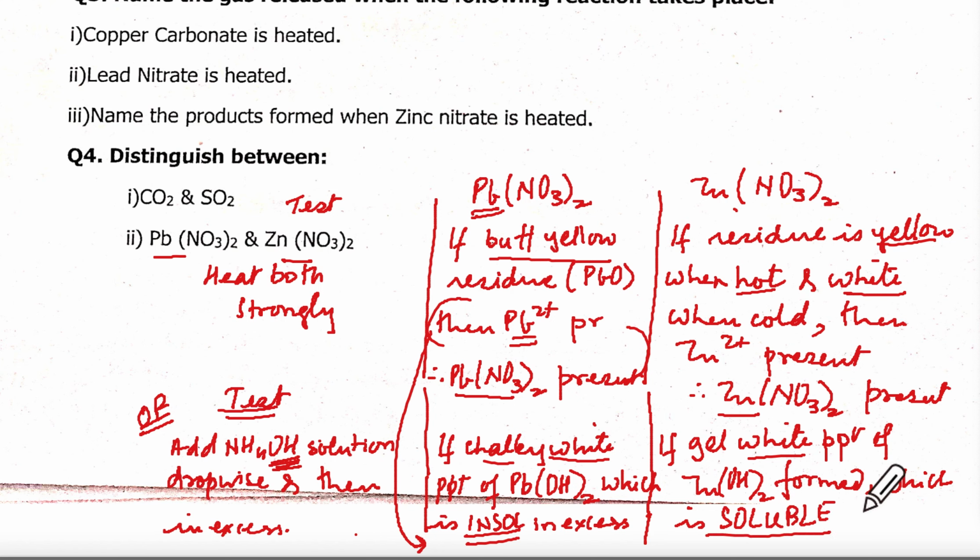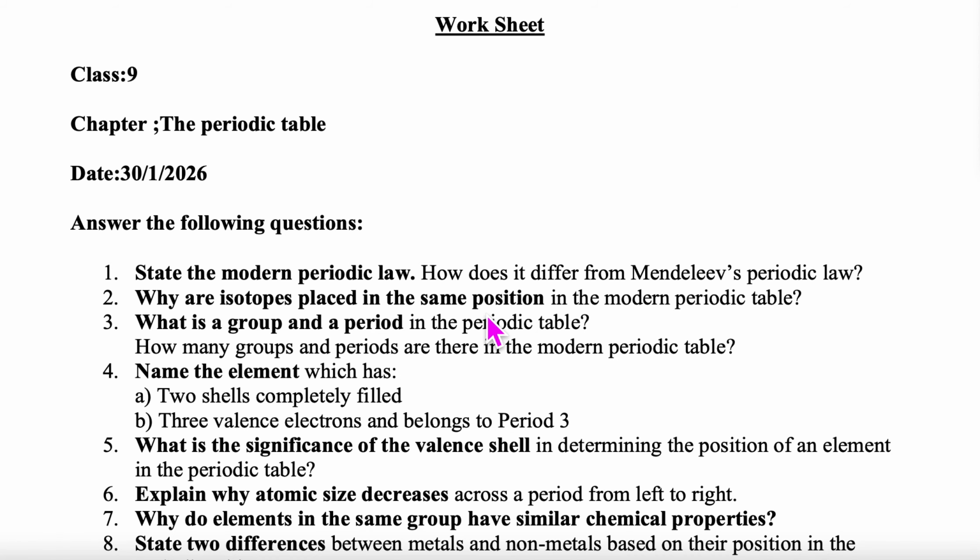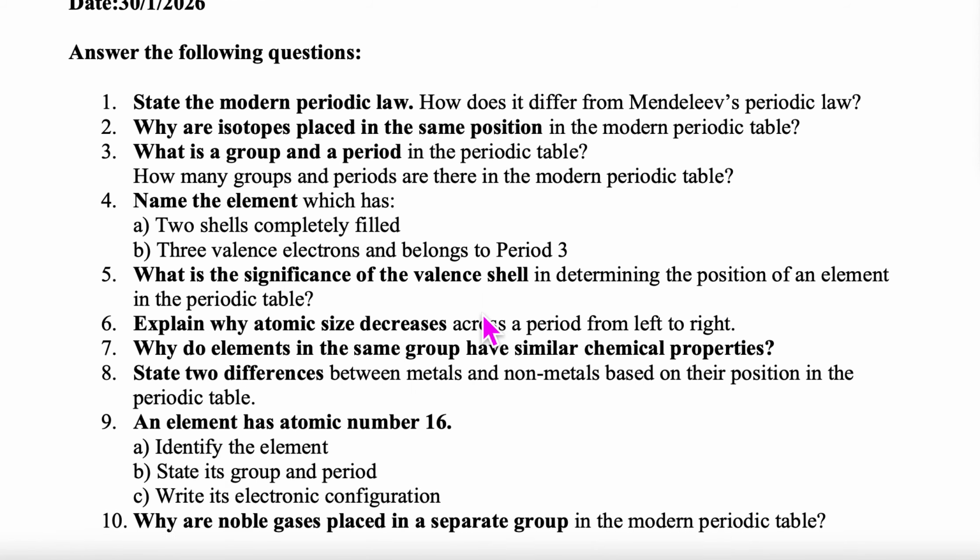Zinc is soluble in NH4OH in excess. Then this part will be copy pasted here. Just in case your teacher asks you 10th standard work, I don't trust your teacher. So this finishes one more worksheet. Then this is periodic table.